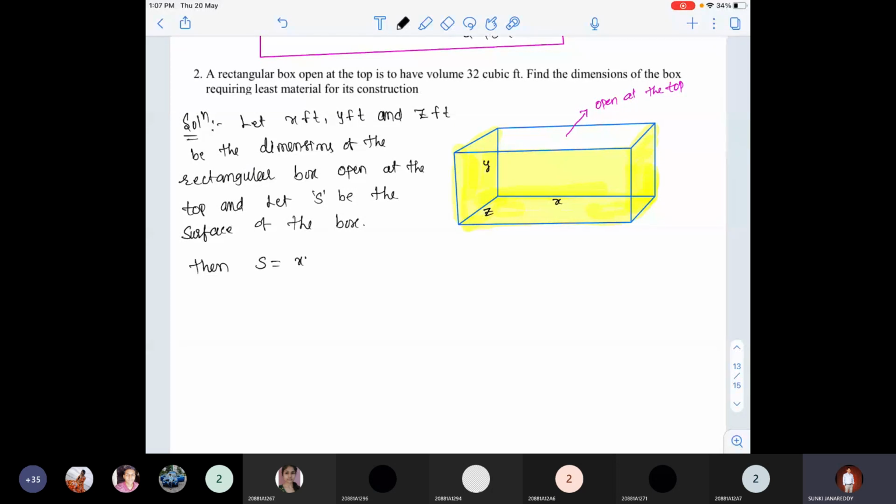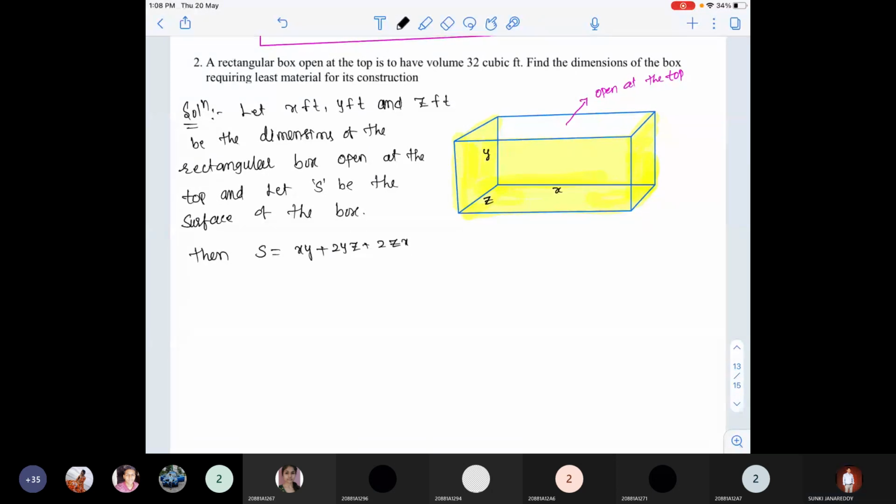Okay, now the next one: what is the given relation here? Tell me, Nana. Also given that xyz equals 32. Very good. That is the given connected relation, right?